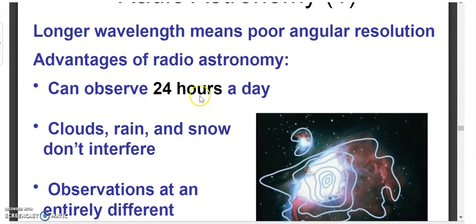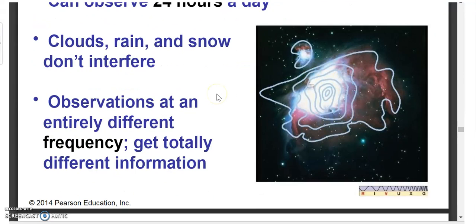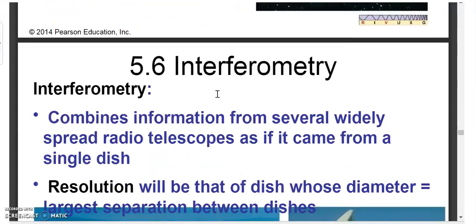The sun can be out, it can be rainy, there can be clouds, there can be snow. There's nothing that prevents you from observing in the radio region of the spectrum. And of course, radio waves pass through the atmosphere, as we've talked about before. So you're always able to do that.